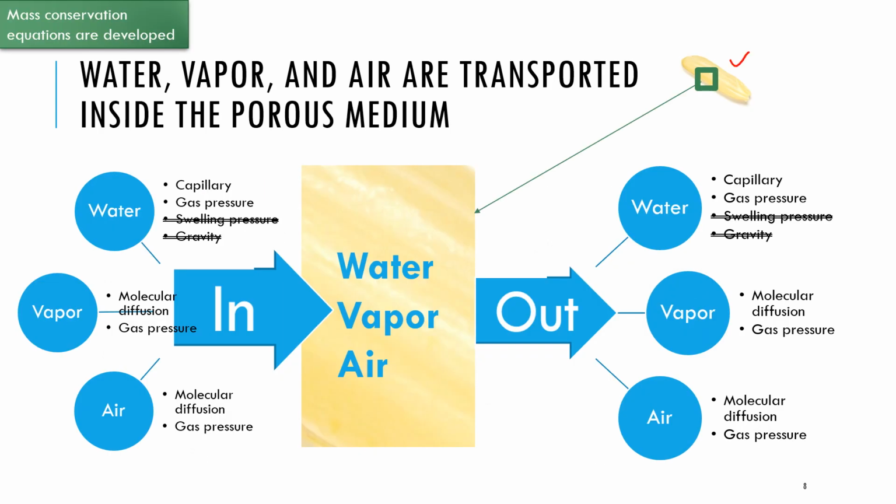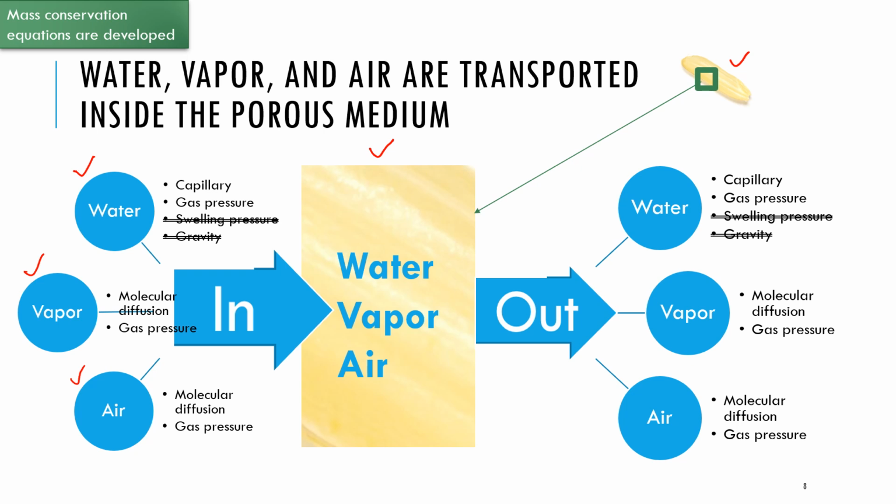A portion of this rice grain is enlarged here. Now the rice has these phases like liquid water, vapor, and air. Each one of these phases would be transporting through the rice grain, driven by the driving forces mentioned in the previous two slides.